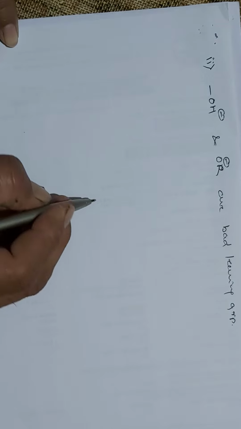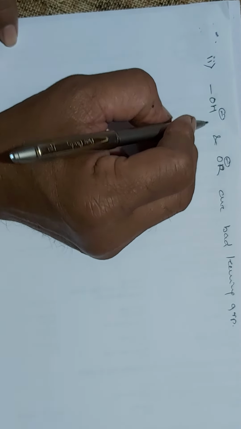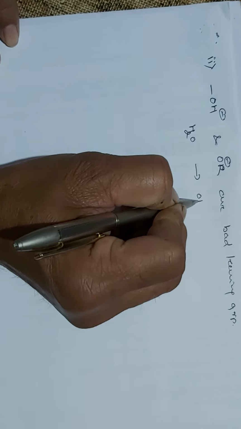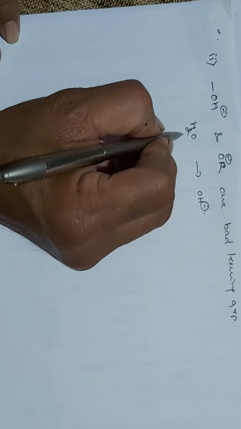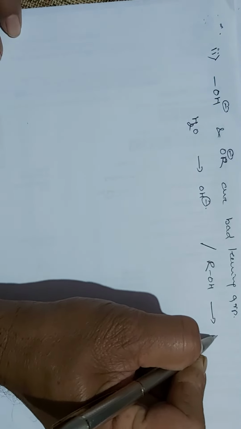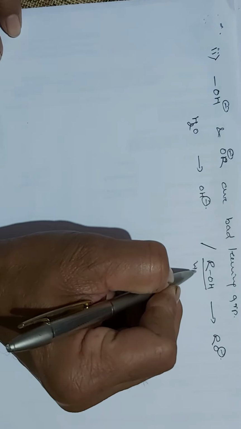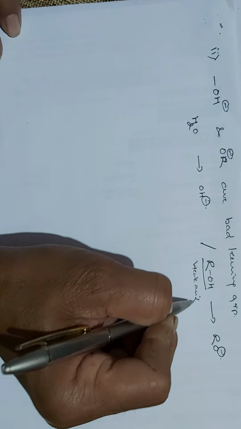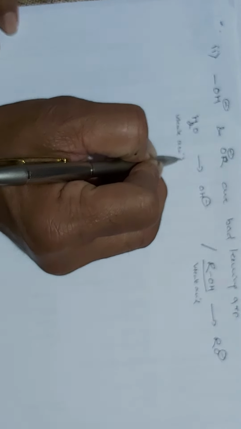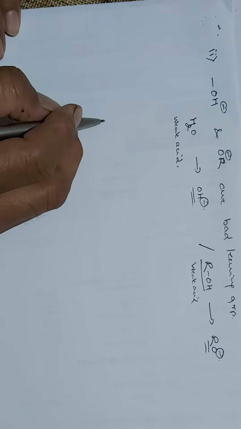This is because they are conjugate bases of weak acids. Here H2O gives OH minus and ROH gives RO minus. This is a weak acid, and water is also a weak acid. So these are the conjugate bases of weak acids.